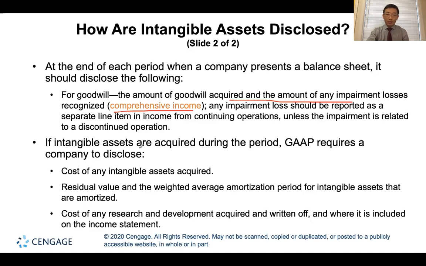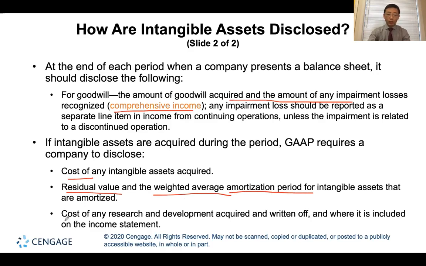And if intangibles are acquired during the period, GAAP requires the company to disclose the cost and the residual value and the amortization weight. I mean, what kind of ratio to calculate the amortization in the following years.